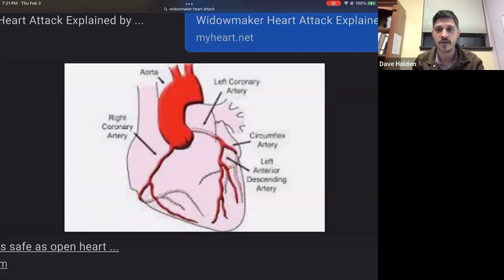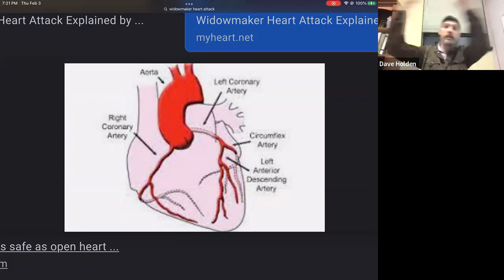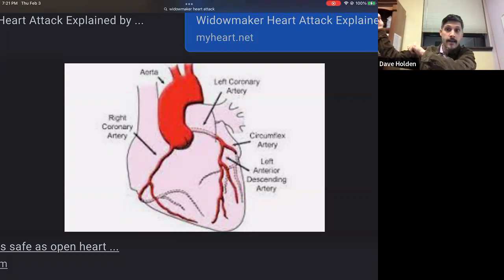The left ventricle, that's the chamber that is pumping blood out to the rest of the body. So we understand why that artery in particular, the left anterior descending artery, when that gets totally blocked, we see why it's called a widowmaker, yeah? Because it will kill you dead.